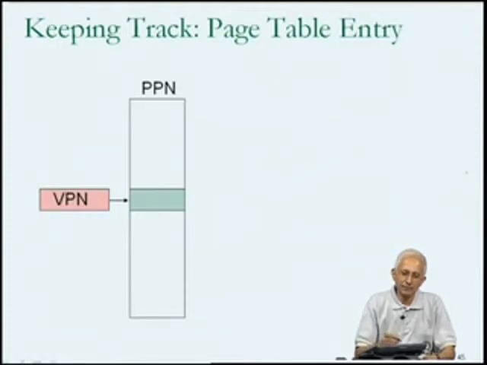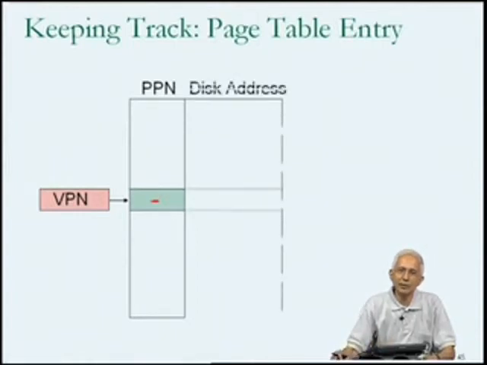Look at it this way: if there is a virtual page which is currently mapped to a physical page, then there will actually be an entry inside its physical page number. But if there is a virtual page which is not mapped to a physical page, then that means it's not present in main memory, but clearly one must keep track of where it is present on the disk, for which reason we'll add one more entry into each of the page table entries, and that is basically the disk address of that particular virtual page.